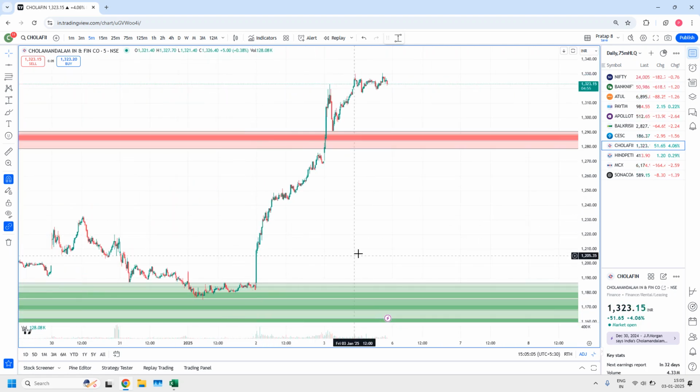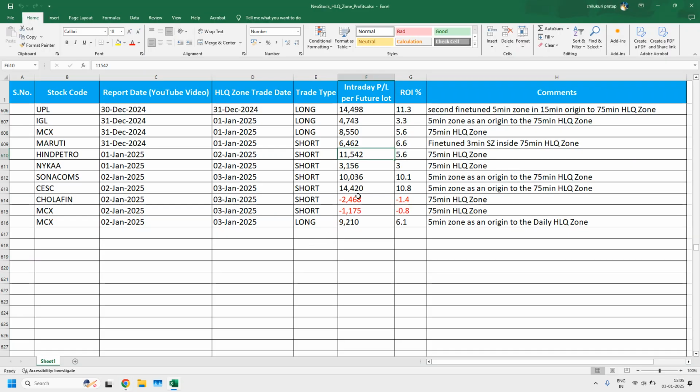Okay, so how much loss has it given? Cholamandalam Finance has given 2,468 rupees loss, which is a 1.4% negative ROI. So these are the 2 stopped out trades, and the MCX stopped out trade is really painful for us.